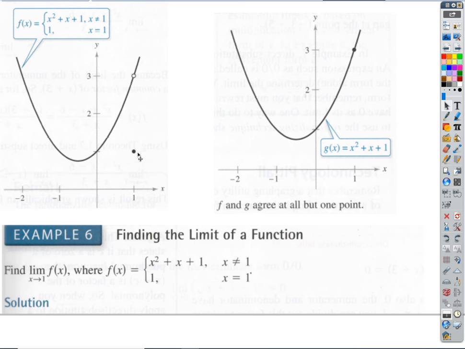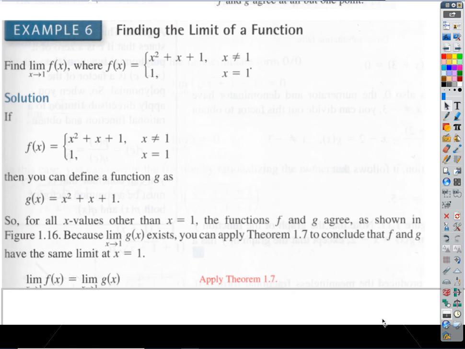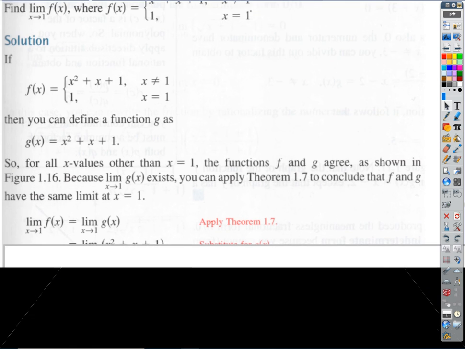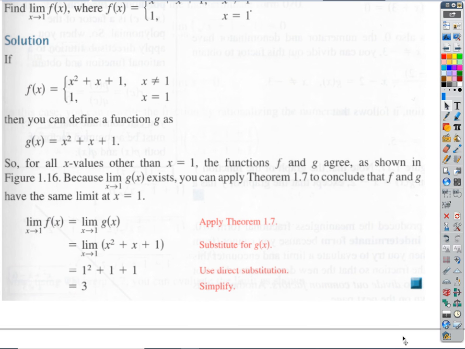So the strategy is finding two functions that agree everywhere except at the point that you're interested in. Because they agree every place except at that point, we can apply direct substitution to the one where he actually will step, where he thinks he's going to step.